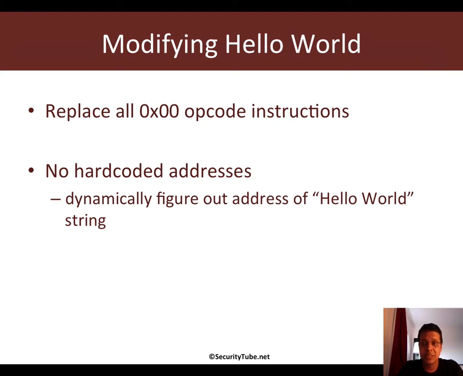The simple reason is we do not know where our shellcode would be located in memory when it is delivered as part of an exploit. Hence, we will always have to dynamically figure out the addresses of any string or any data which we would like to use within the shellcode.